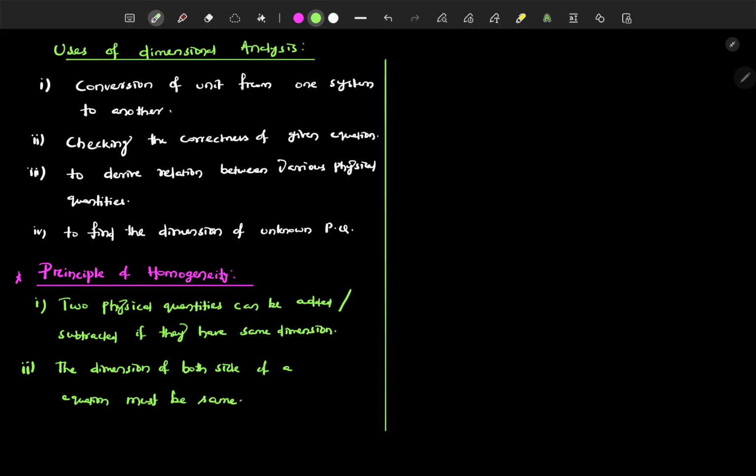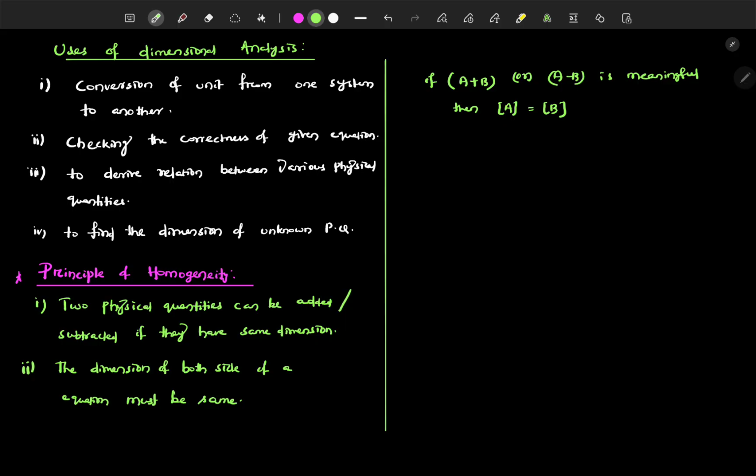The principle says that if a plus b or a minus b is meaningful, then remember, the dimension of a is equal to the dimension of b. For example, 5 kg plus 2 kg is equal to 7 kg. So 5 kg plus 2 kg, that is meaningful.